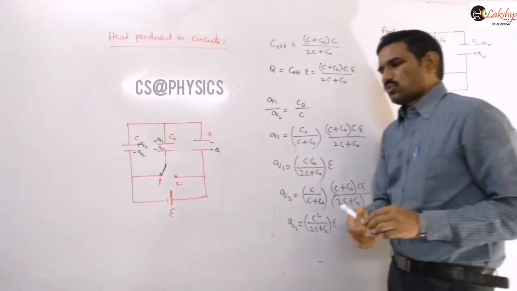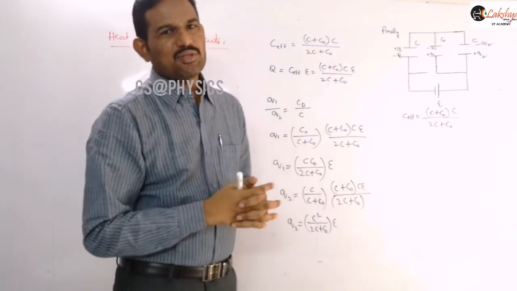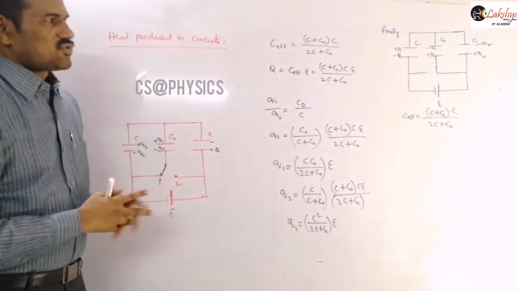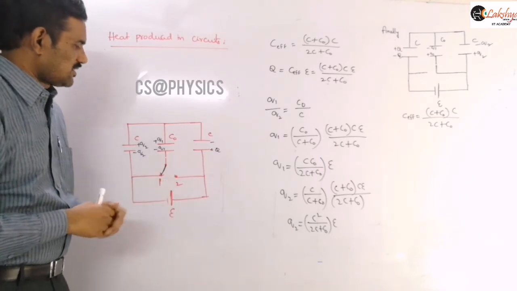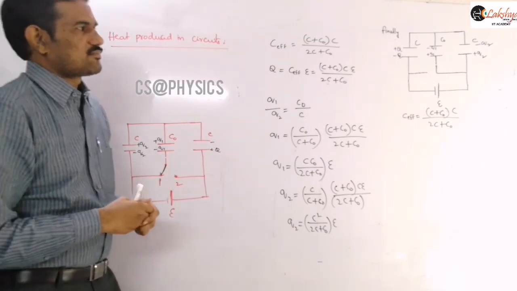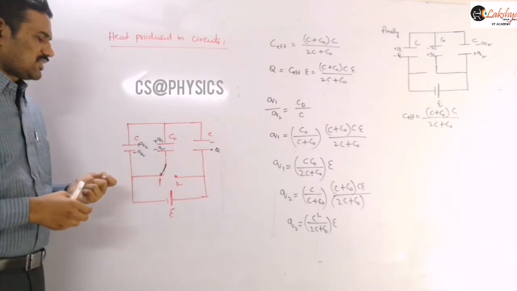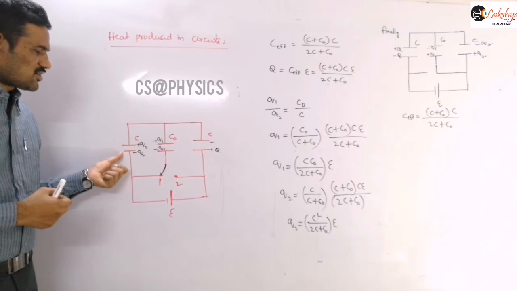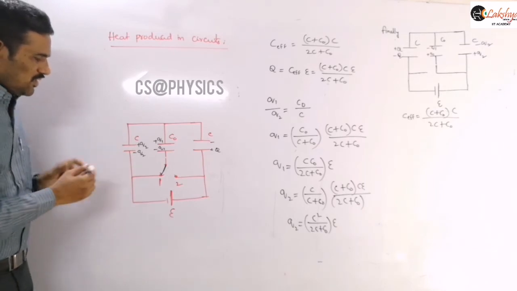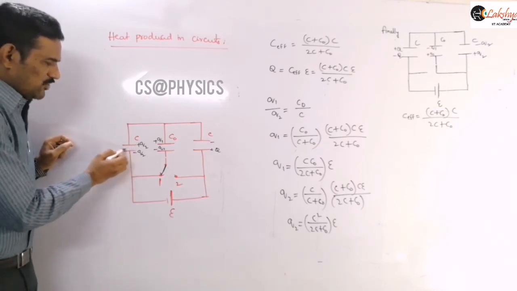Now let us observe whether there is any flow of charges from the battery or not. Initially the situation is like this and finally the situation is like this. Now I am observing this negative terminal here. Let us observe the charge on this capacitor, considering only the negative plate of this C2.